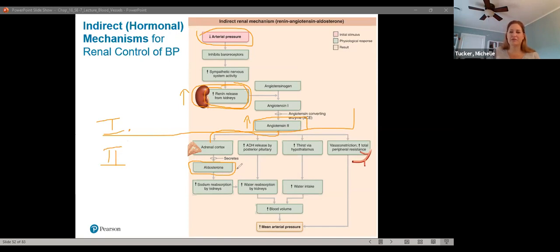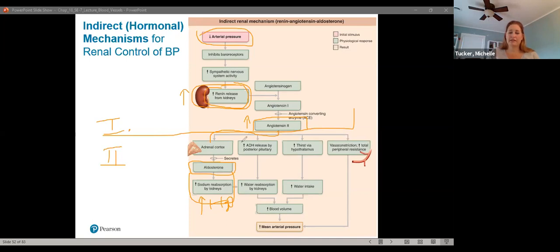Aldosterone is a mineralocorticoid, and it is going to increase the sodium reabsorption by the kidneys, and where sodium goes, water goes. So you also get water reabsorbed along with the sodium. That's going to increase blood volume and increase arterial pressure.